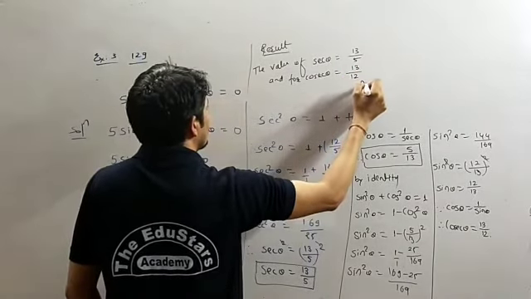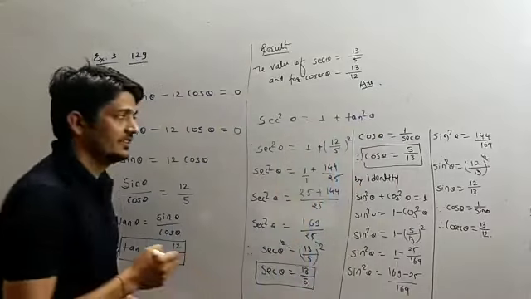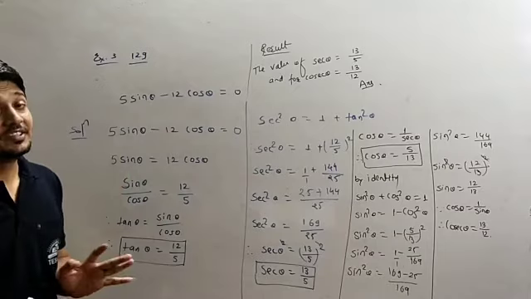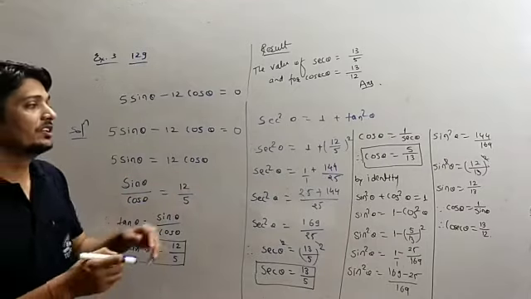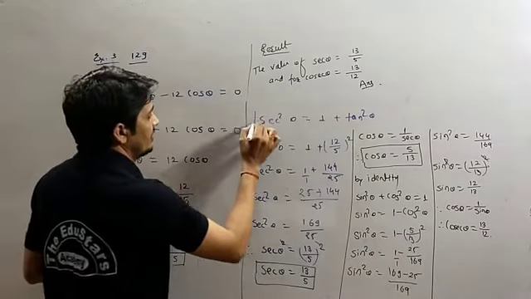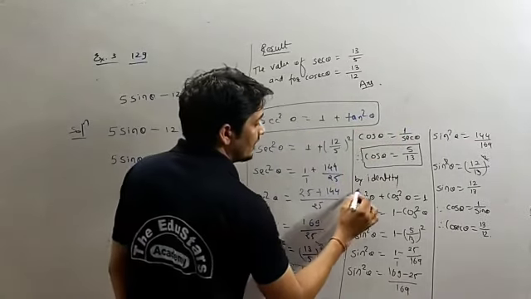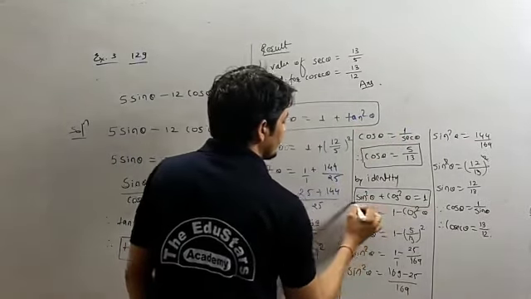This is the answer. This is very simple: you have to use these identities, and on the basis of identities you can calculate the values of other trigonometric ratios.